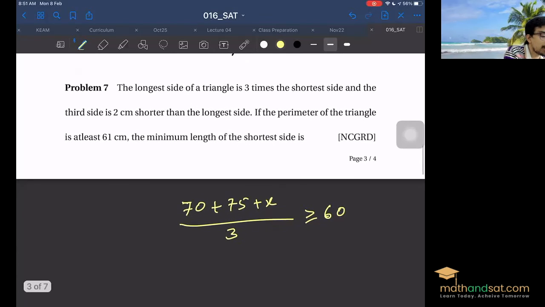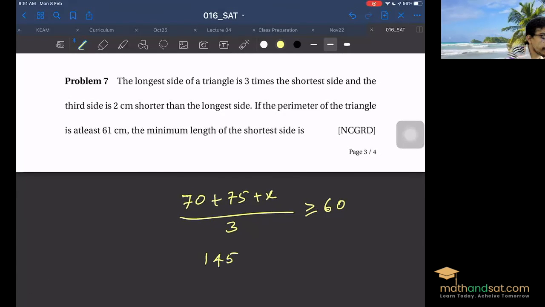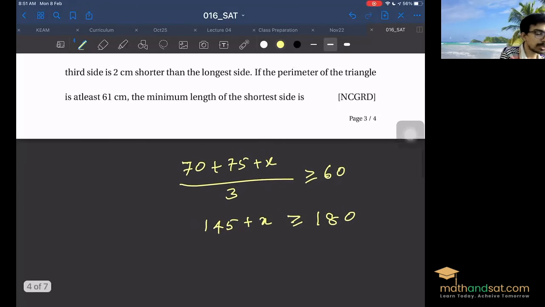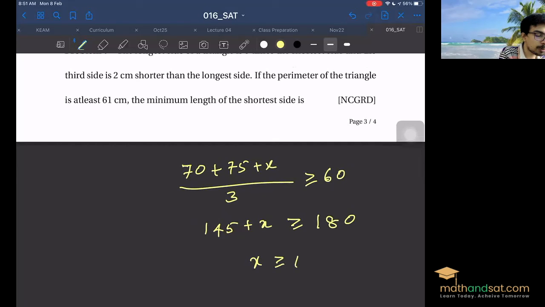So we have 145 plus x greater than or equal to 180. Multiply by 3 on the other side, take 3 to the other side, it becomes 180. So your x is greater than or equal to 180 minus 45, and this number comes out as 135.